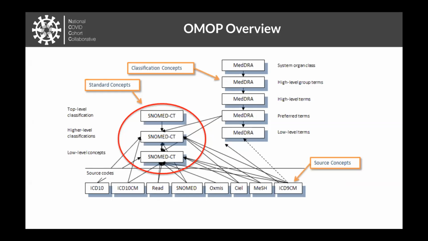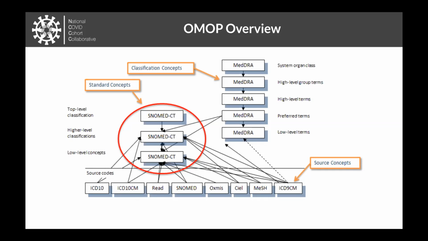OXMIS is also from the UK. We've got some MeSH terms thrown in there. And you can see the arrows are pointing from those source codes into SNOMED CT. So within OMOP, we use SNOMED CT to standardize our condition codes. And there are some procedure codes that are standardized as well.